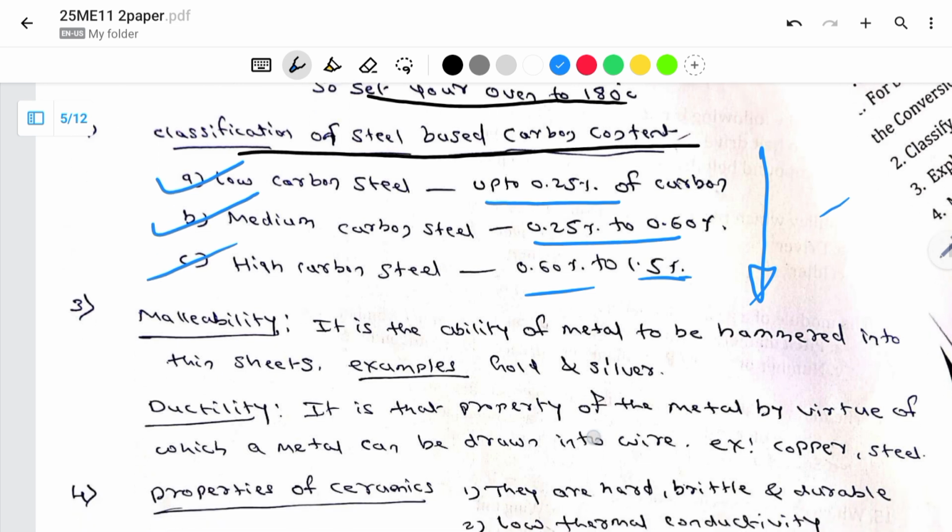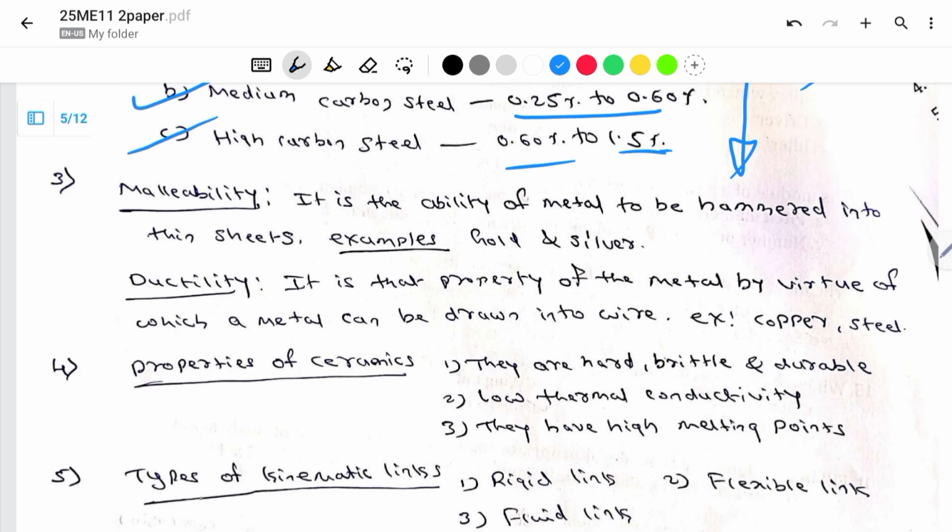Remember it. Next, the definition of malleability. Malleability is the ability of a metal to be hammered or rolled into sheets. Whenever you can roll a metal into sheets, that property of the material is called malleability.